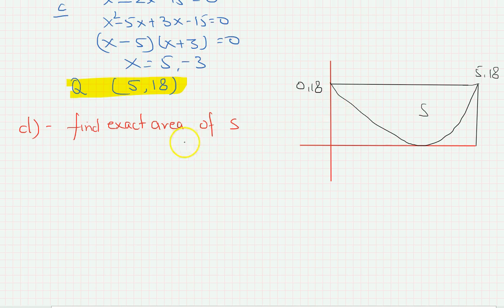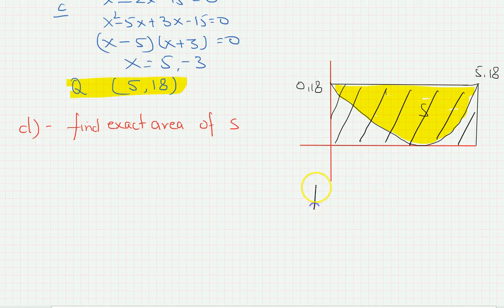Now to find the area of S, we are supposed to find this shaded portion of S. It's easy for us to find this complete area. This is a rectangle.